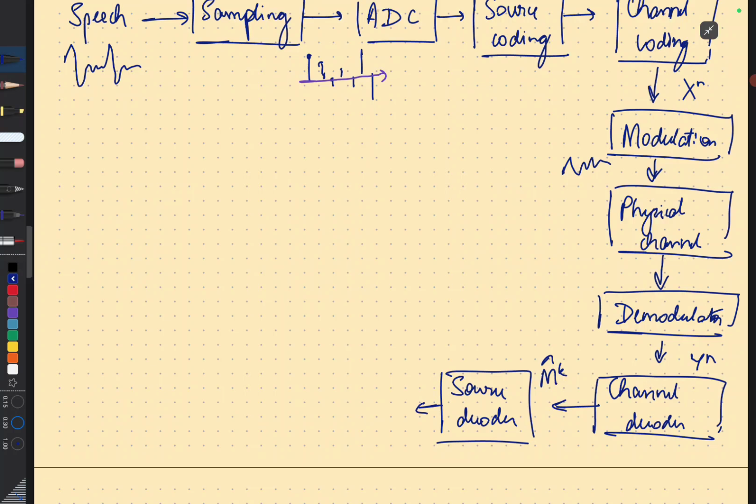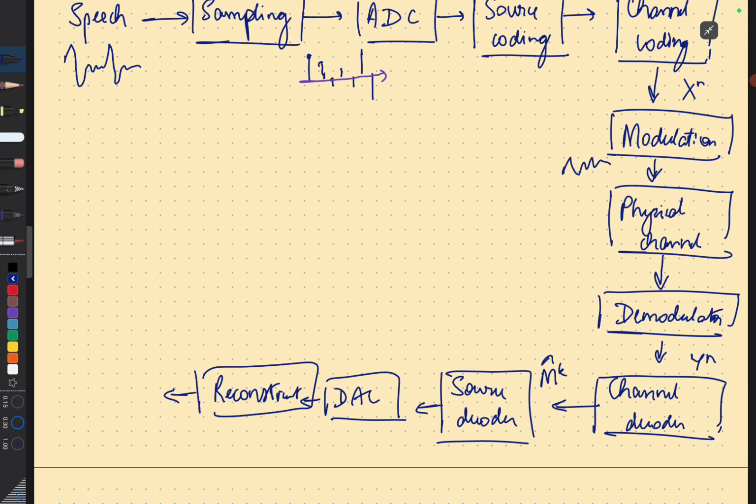The source decoder is going to output a sequence of symbols, which is then fed to, let's say, a digital to analog converter, and then you reconstruct this to give your continuous time speech signal.